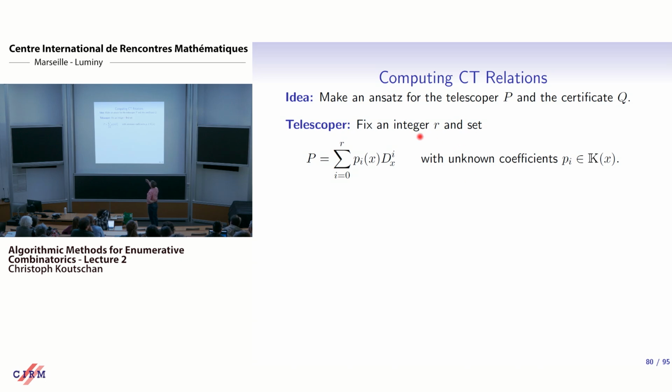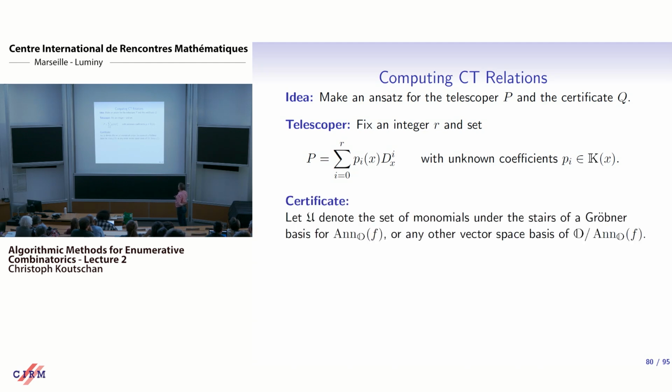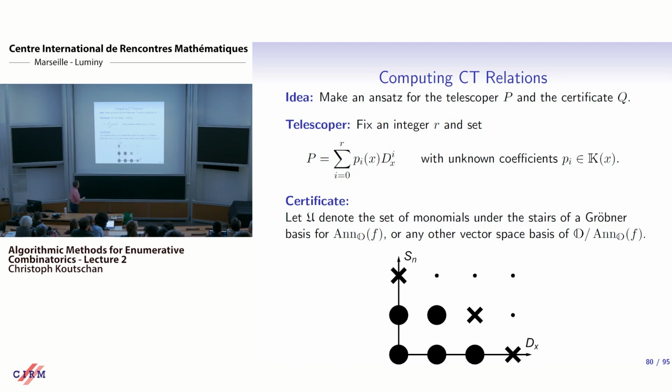As I said, we fix an integer, an order R, which we don't know a priori, and we make this ansatz with unknown coefficients. And for the certificate, we again use the knowledge from the Gröbner basis. Namely, we have to identify which are the monomials under the stairs, because every operator, wherever it lies, can be reduced to a linear combination of these.